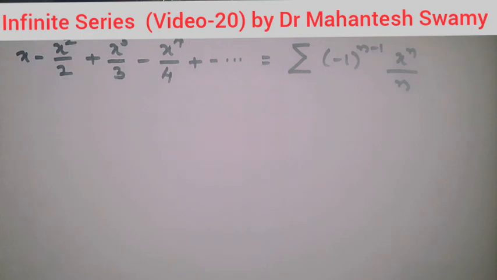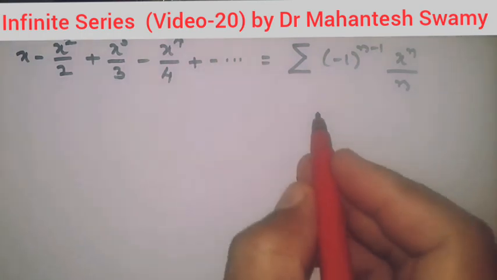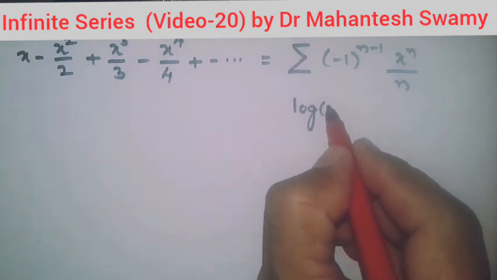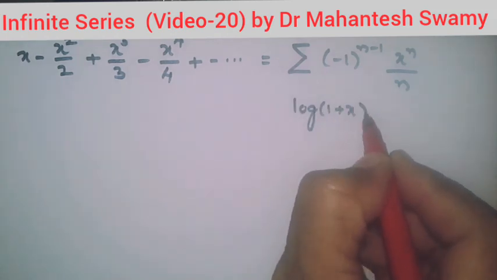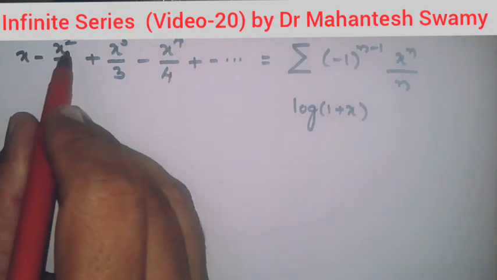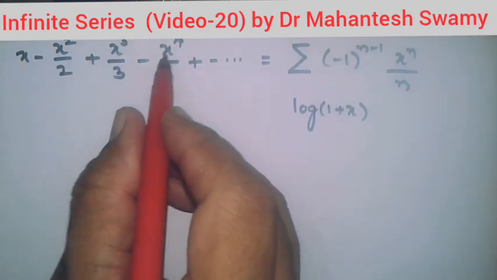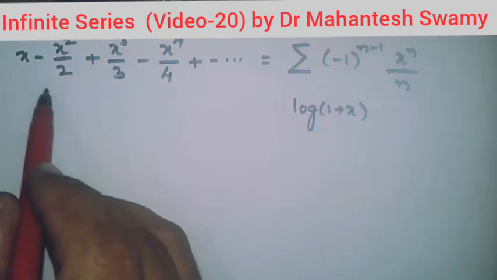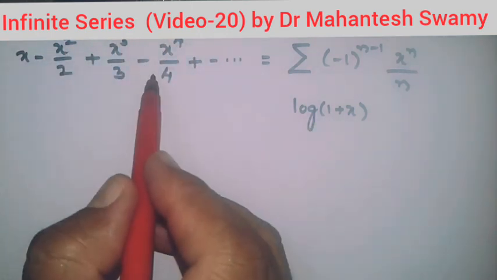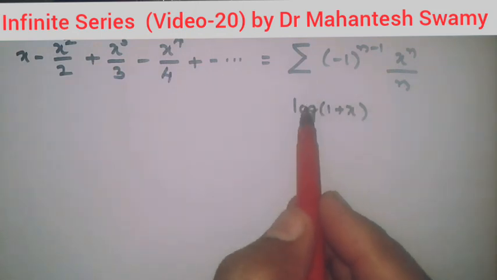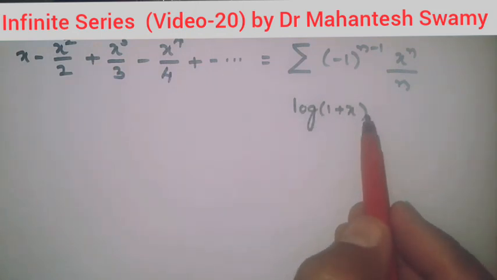According to the Taylor series expansion of the function log of 1 plus x, it can be observed that a series of the form x minus x square by 2 plus x cube by 3 minus x to the power of 4 by 4, plus minus and so on, will be obtained as a result of the Taylor series expansion of the function log of 1 plus x.